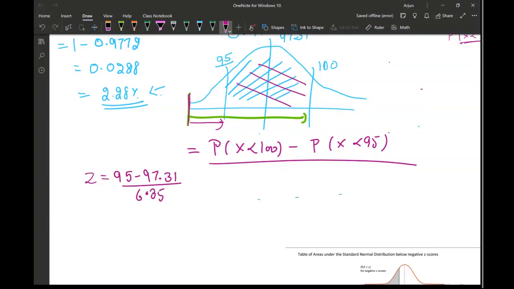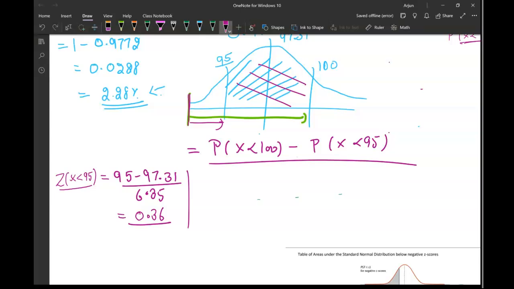That is negative 2.31 divided by 6.35, which comes across as negative 0.36. Corresponding to negative 0.36, I'll find the probability value. So this one was for x less than 95.